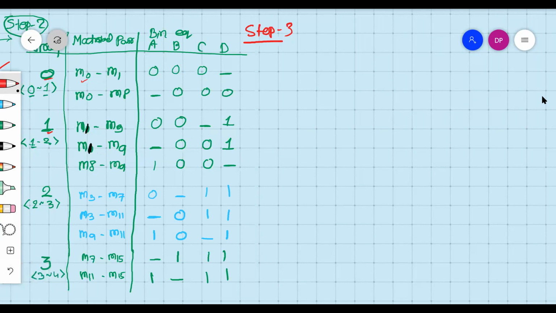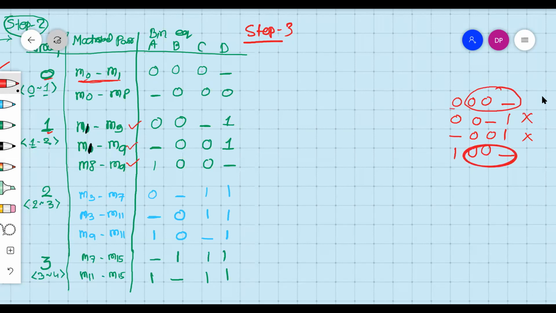Okay, so now you see M0 M1, we will compare with this and this. Let's do it here. M0 M1 is 000 underscore, you compare with 00 underscore 1. So this is not matching, this is underscore 001, not matching, and this is 100 underscore. So you can see this is same, right?